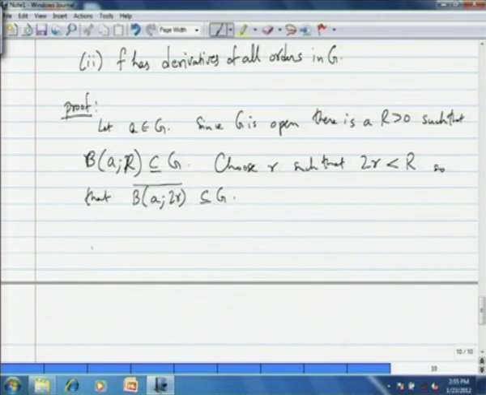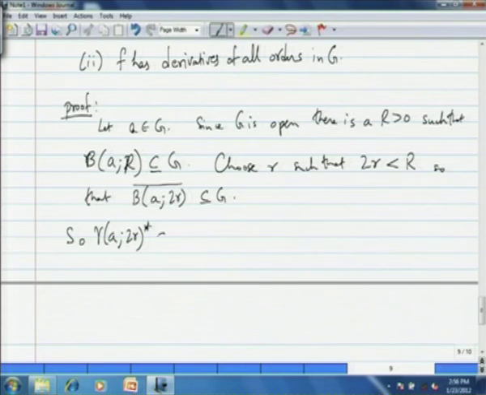This implies that gamma A to R star, which is the circle of radius 2r centered at A, however parameterized but oriented in the counterclockwise direction, is contained in G, and the inside of this is also contained in G. This is what we want.